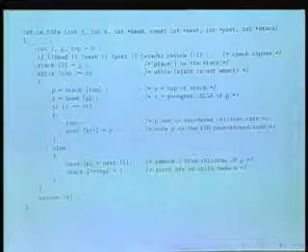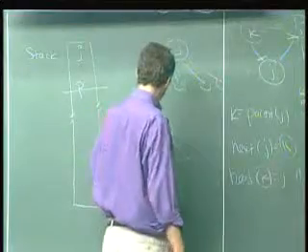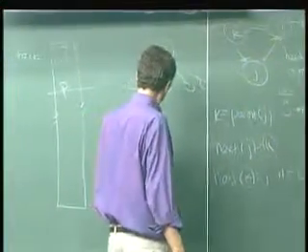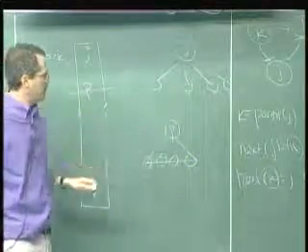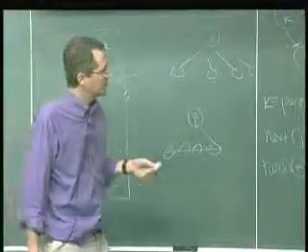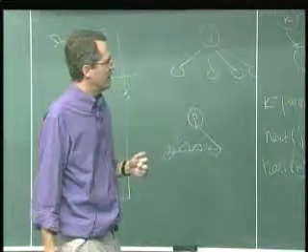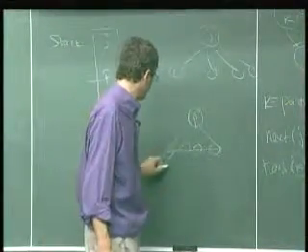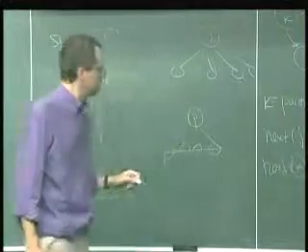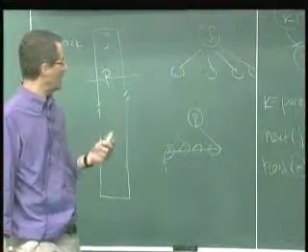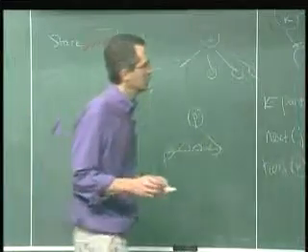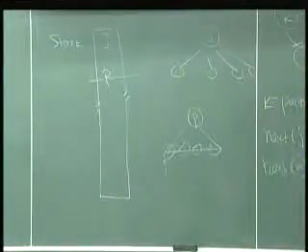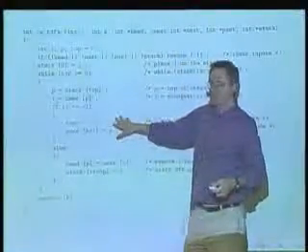So I'm somewhere deep in the recursion here. And I look at P at the top of the stack, and I look at its first child. And if I have no first child, then P is a leaf. And so it needs to finish. So if P has no children, then it's done.